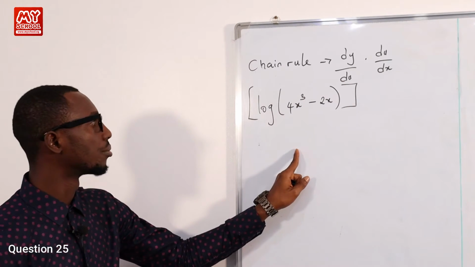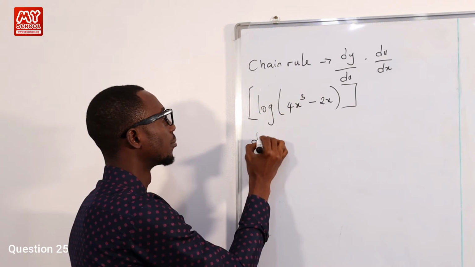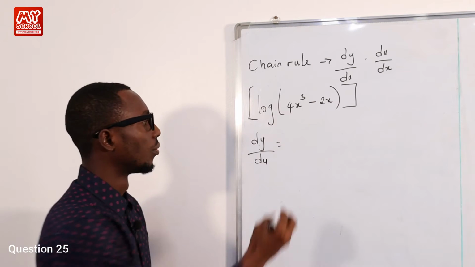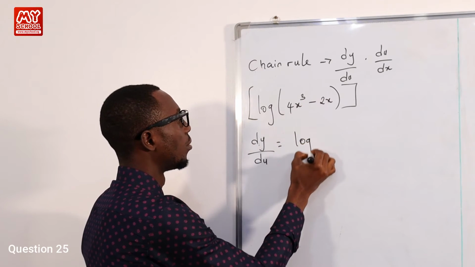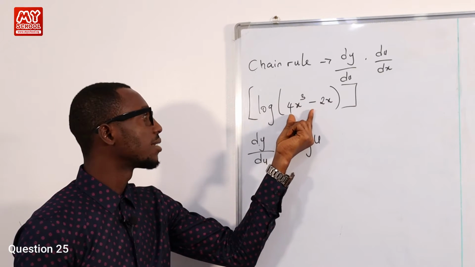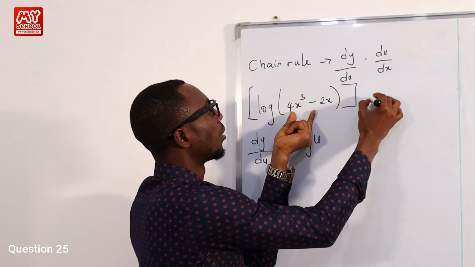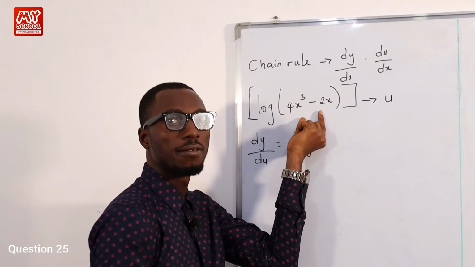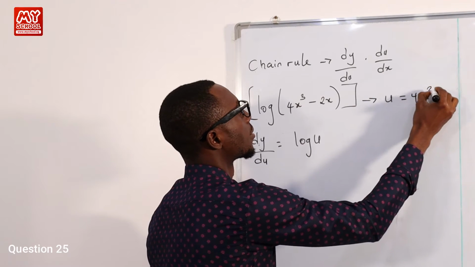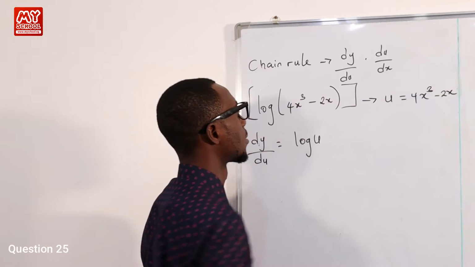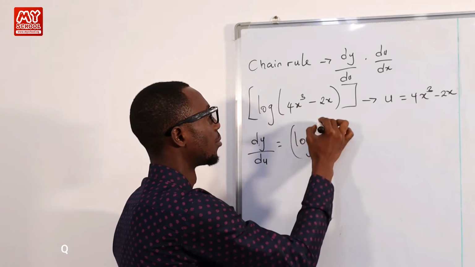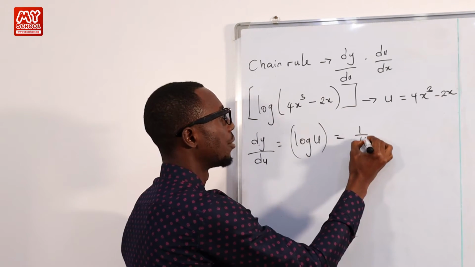So, our dy/du will be log u. This is our chain rule, and this represents our u. So from here, we see that our u is what we have here in the parentheses, which is 4x cubed minus 2x. So when we differentiate log u, we would have 1 over u.